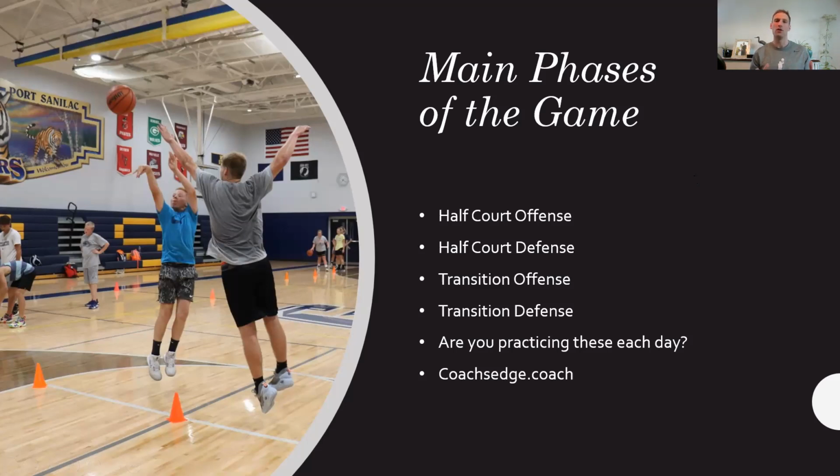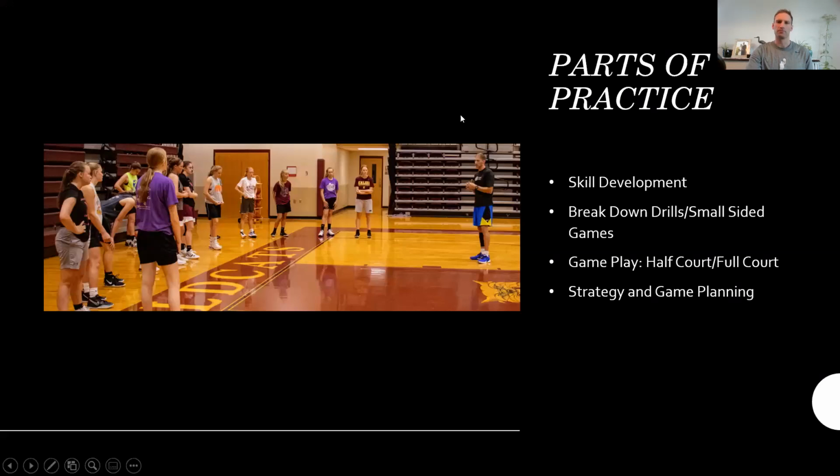It's a full or a half-court game. So are these things that we're practicing daily? Then, based on those four areas of the game, what are some of the strengths and weaknesses within your team? We want to continue to strengthen those strengths, but if there's a weakness and something we need to spend more time on, we want to dedicate time in practice to that specific area of the game.